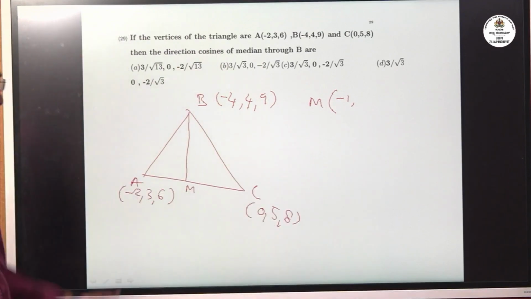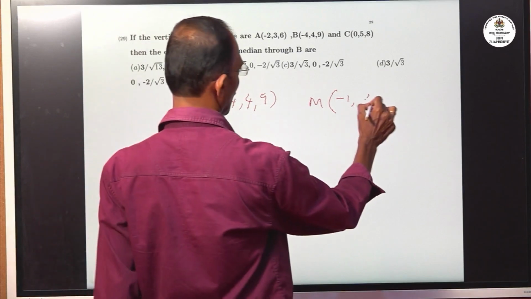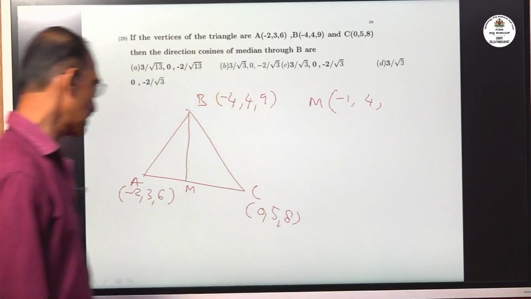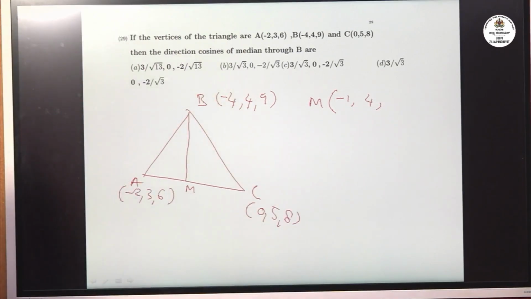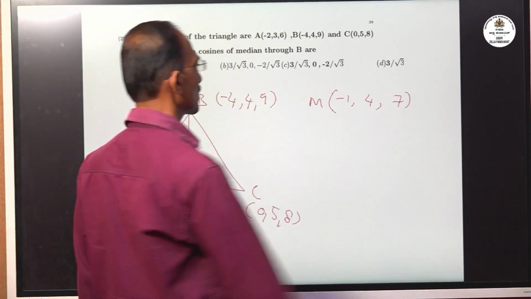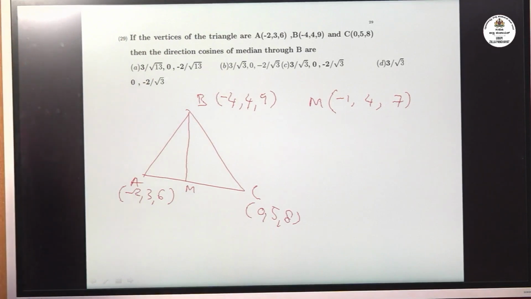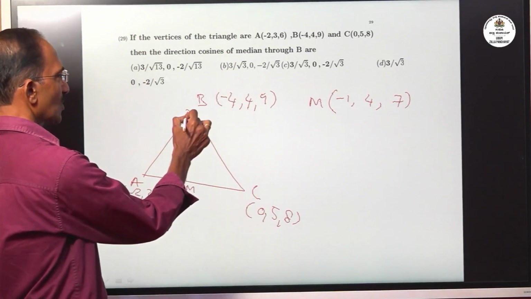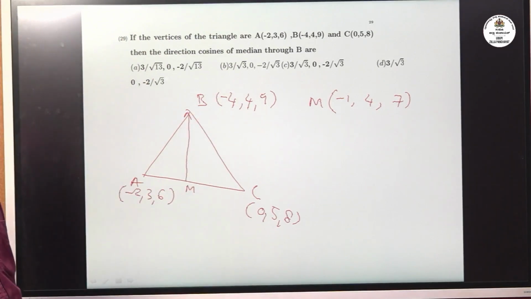Next, 5 plus 3, that is 8 by 2, which comes to 4. And 6 plus 8, that is 14 by 2, which comes to 7. So this is the midpoint. We want the direction cosines of the median through B, that is MB.